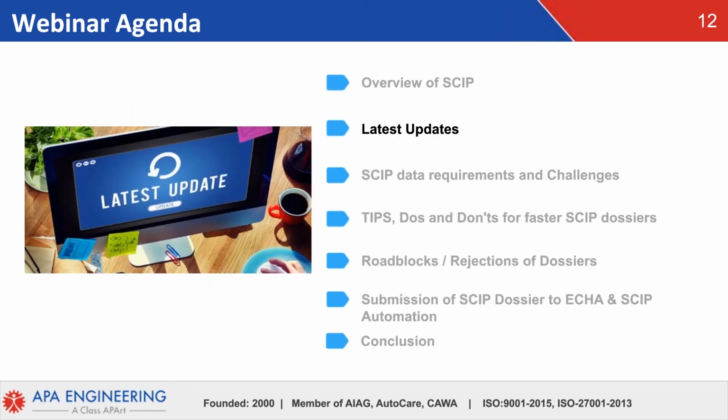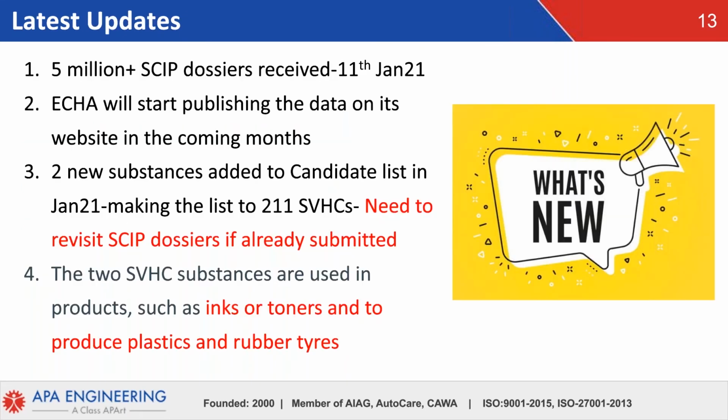And now there have been some new updates around SCIP, and it's important that we share those with you. Next slide. These updates include that there are over 5 million SCIP dossiers that have already been received, and that was as of January 11th, 2021.